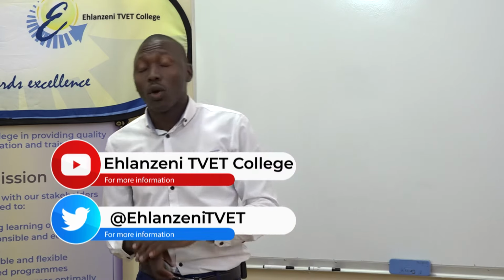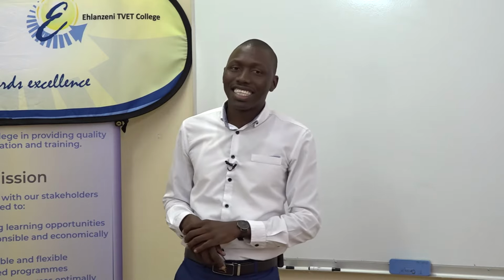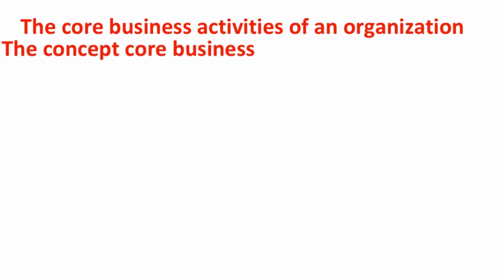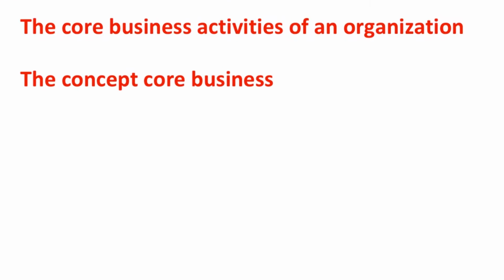For today, we're going to be looking at the selected structure of an organization, which is topic 2. The first thing that we find under the selected structure of an organization is the core business activities of an organization. Let's first start by looking at the concept core business.